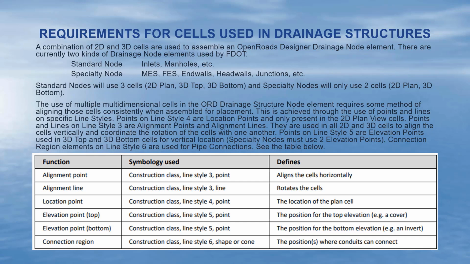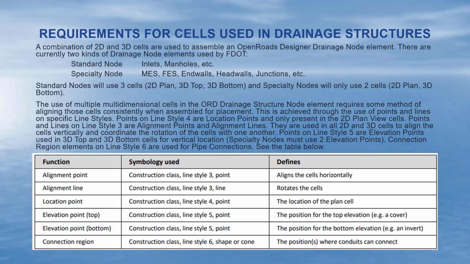The use of multiple multidimensional cells in the ORD Drainage Structure node element requires some method of aligning those cells consistently when assembling for placement. This is achieved through the use of points and lines on specific line styles.